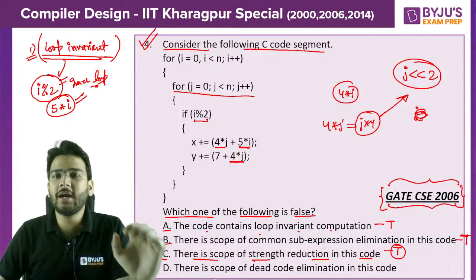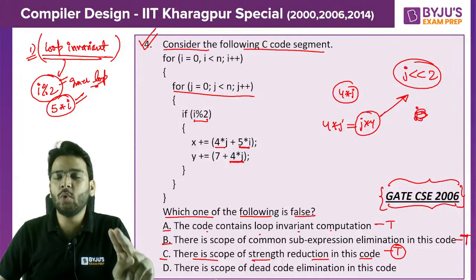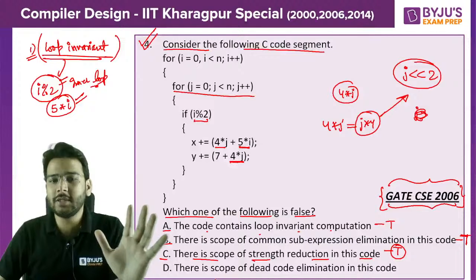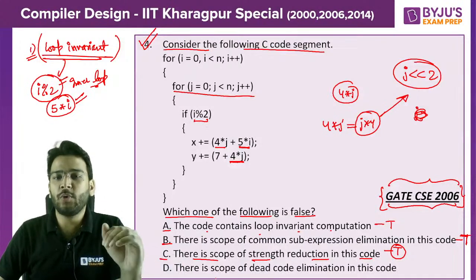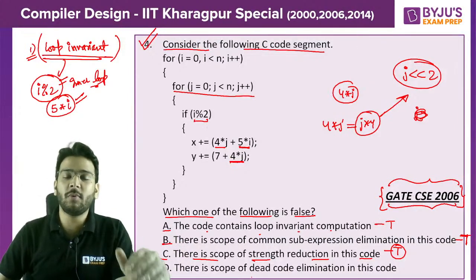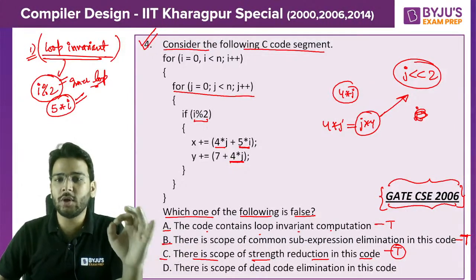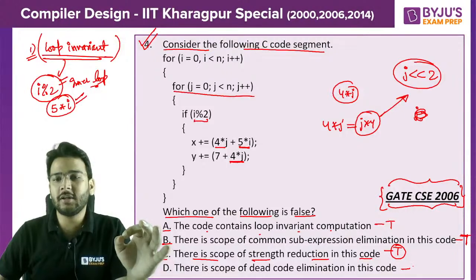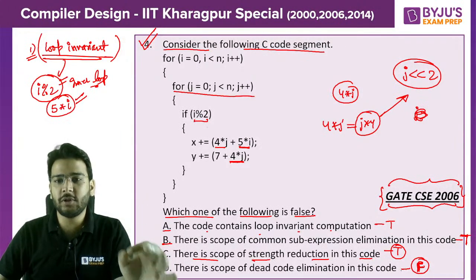If you can see that, please tell me. No, not at all. That means there is no scope of dead code elimination in this code. This is false here. Option D is the correct answer for this question.